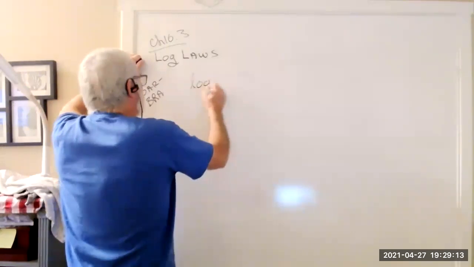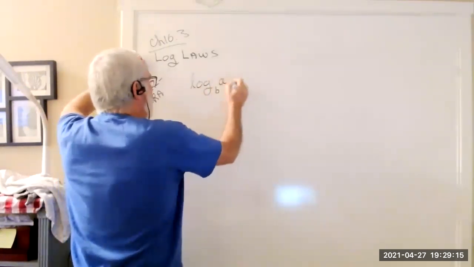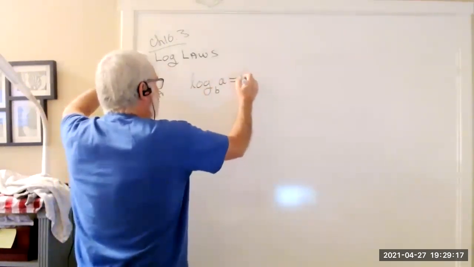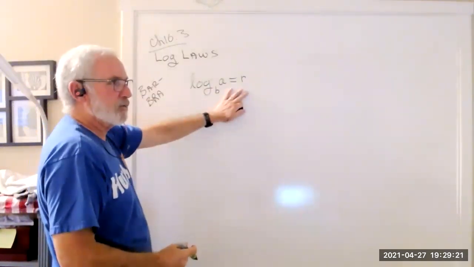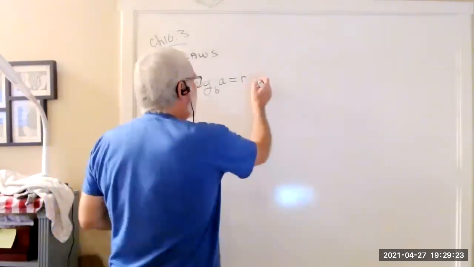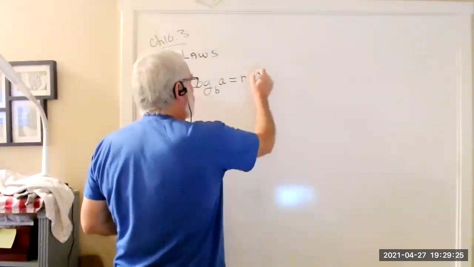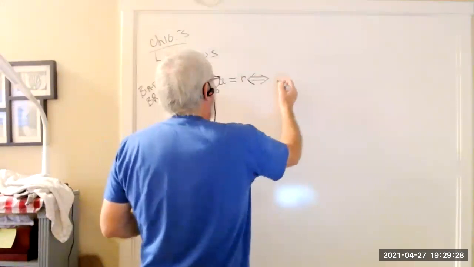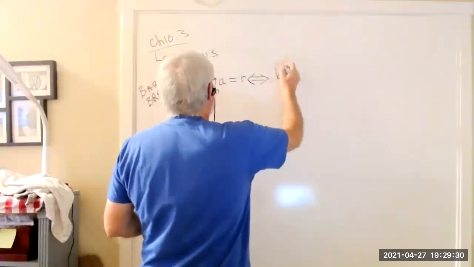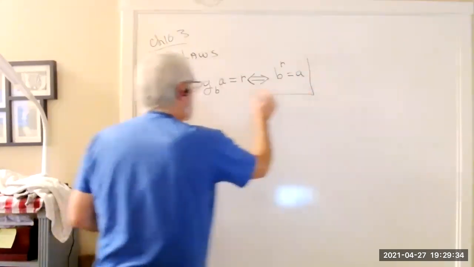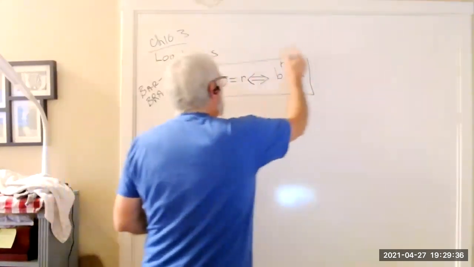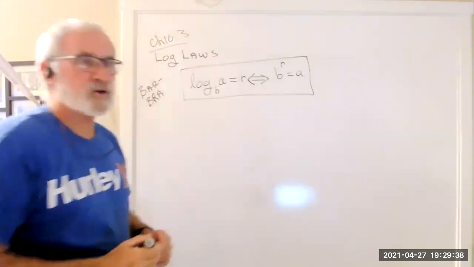So if you have log base b of a equals r, if you have that pattern of letters, then that is equivalent to b to the r equals a.